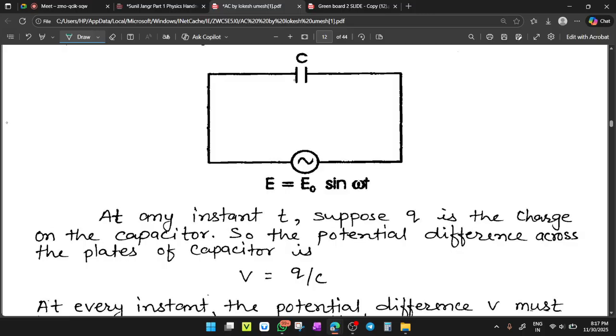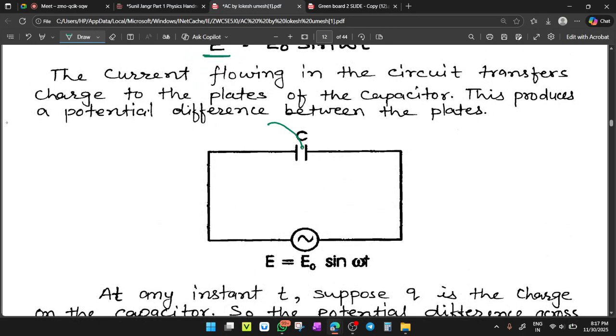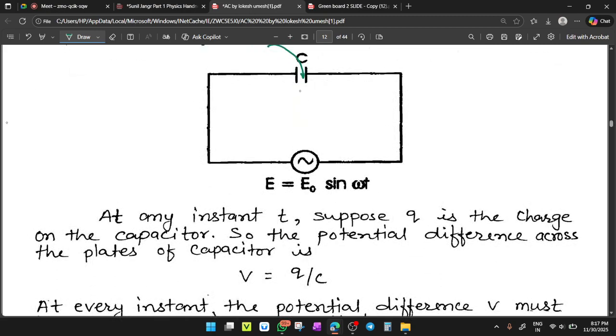Suppose some charge Q is transferred by this EMF source. At any time this charge Q will be varying, because the source is time varying.